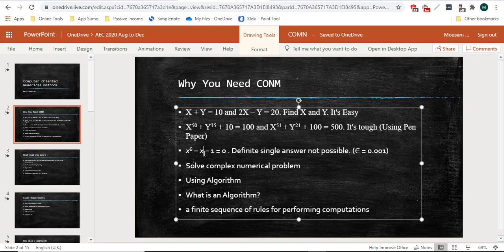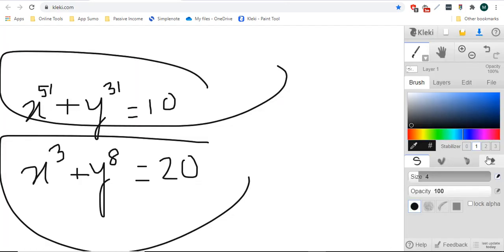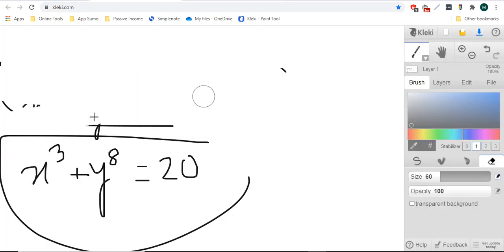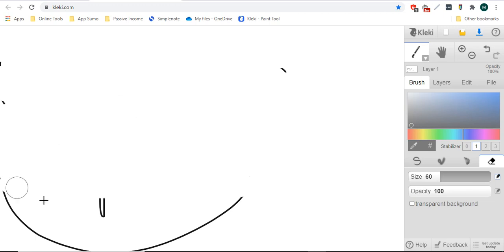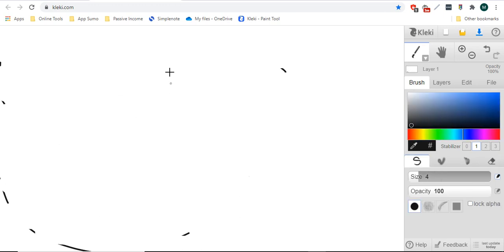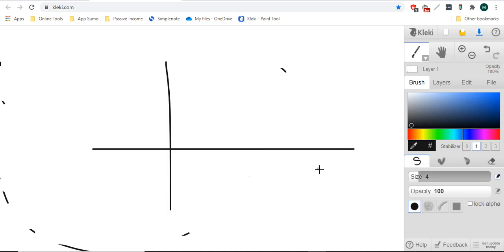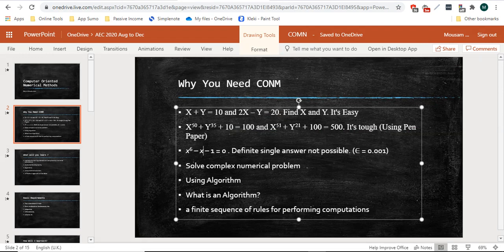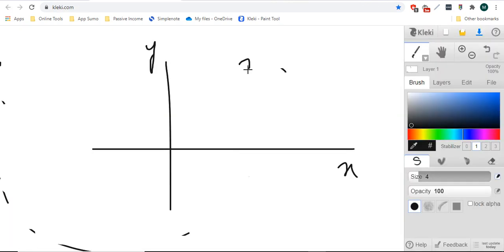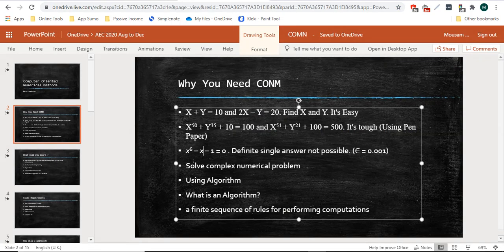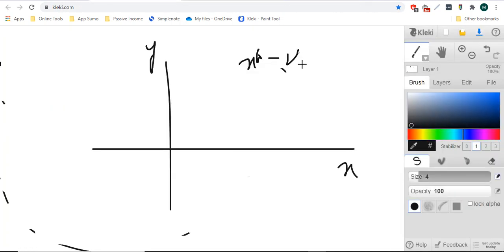Now mathematically, if you want to solve such kind of problems, suppose I have an xy coordinate system. So this is my x-axis, this is my y-axis. Now this particular equation, x to the power 6 minus x minus 1 is equal to 0.